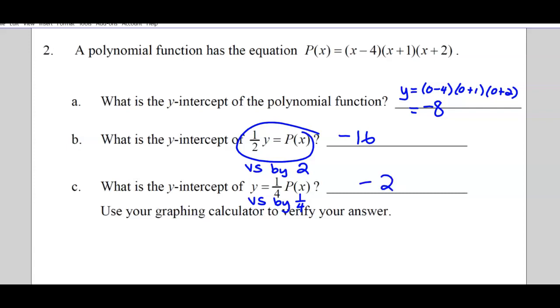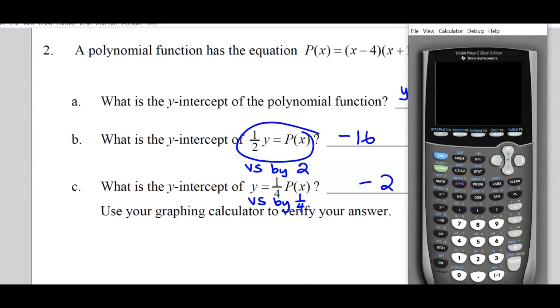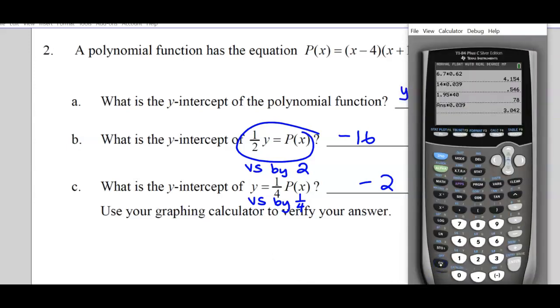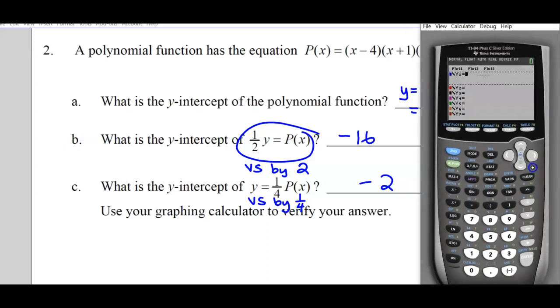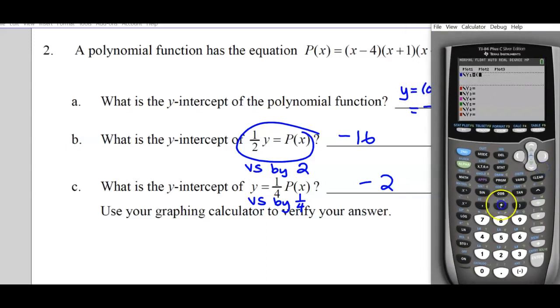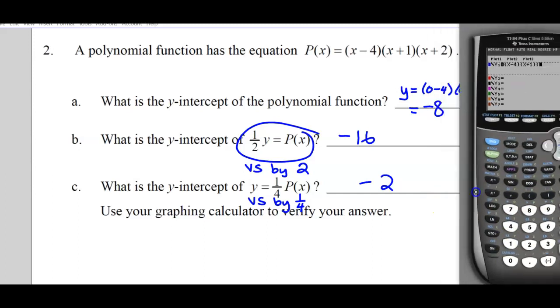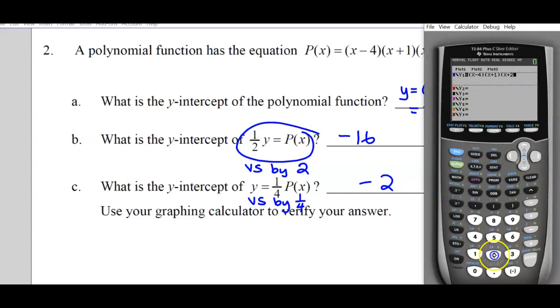Okay? Graphing calculator, let's get it out just to show you a couple little tricks in here. So, let's graph the original. Just put it in factored form. With a standard screen.